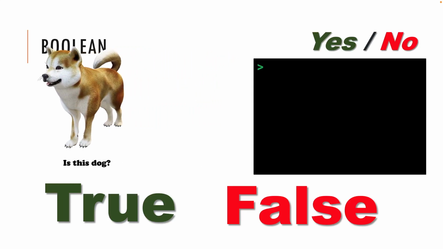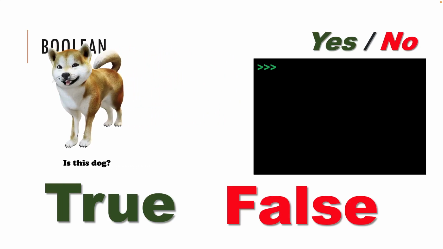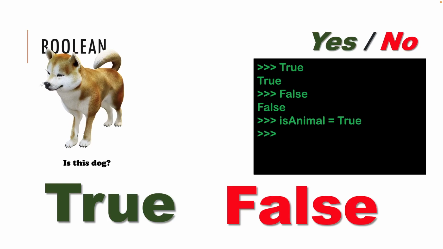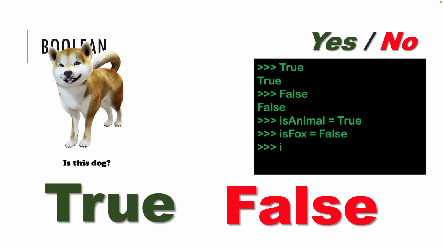So for suppose, look at this. True is a literal, False is a literal, Boolean literals. And is_animal, which is True, I'm assigning to the variable. Is_fox, which is False, I'm assigning to the variable, and we can refer to it later.